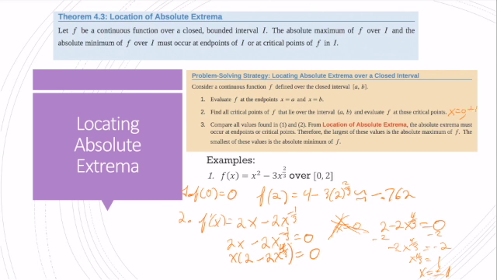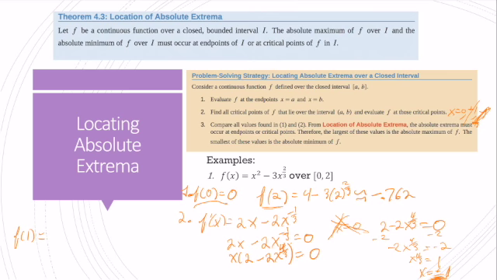So now I need to substitute into my function. I know f of 0. I know f of 2. Negative 1 is not in our interval, so I can ignore that. So now I just need to look at f of positive 1. So f of 1 equals, if I substitute that in, negative 2.